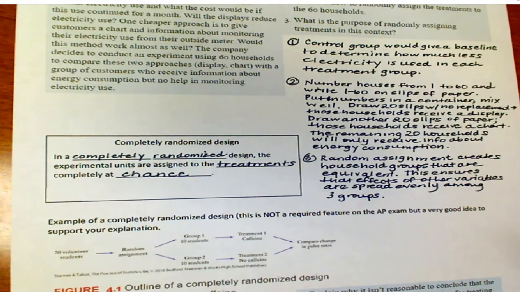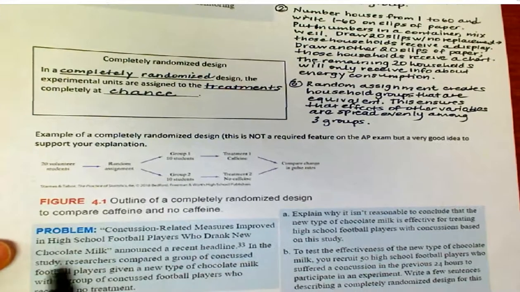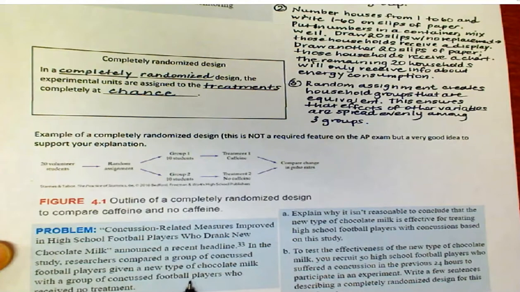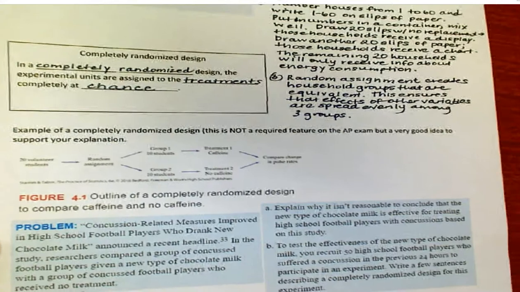Next problem: concussion-related measures improved in high school football players who drank new chocolate milk, announced a recent headline. In the study, researchers compared a group of concussed football players given a new type of chocolate milk with a group of concussed football players who received no treatment.